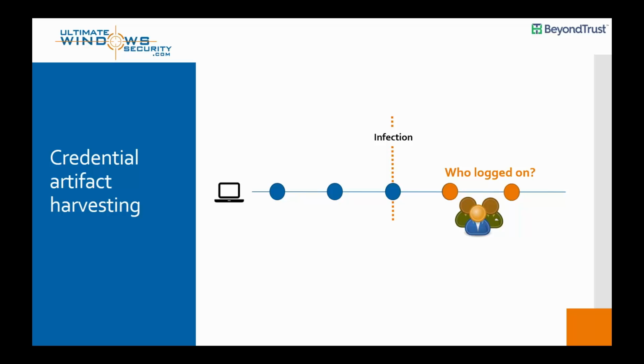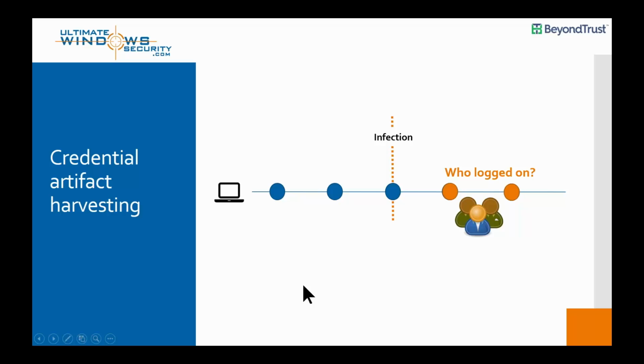Then we wait around for someone, hopefully an admin or another privileged user, to log onto that system. We capture their credentials. That's been around forever. We understand that risk. And by the way, right before this webinar, I just saw a headline about a keystroke logger being found in an HP audio device driver. I don't know if you saw that, Martin, but case in point, right?